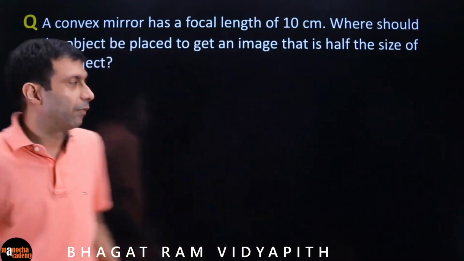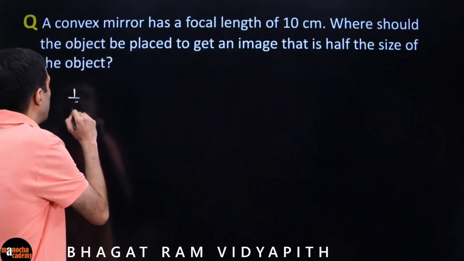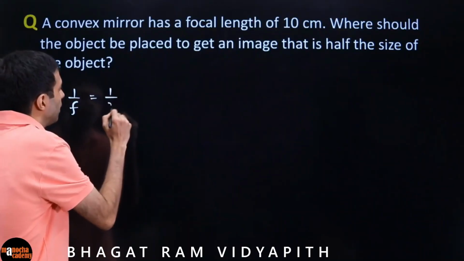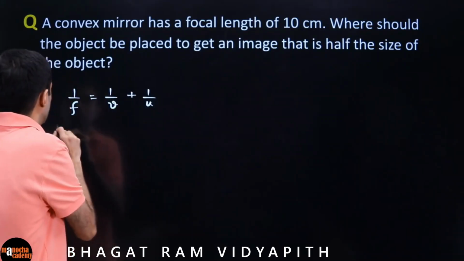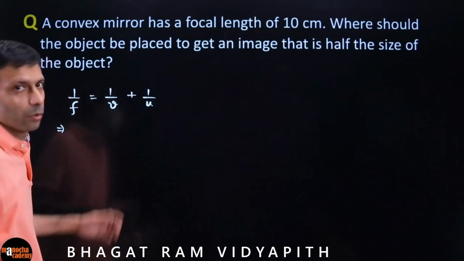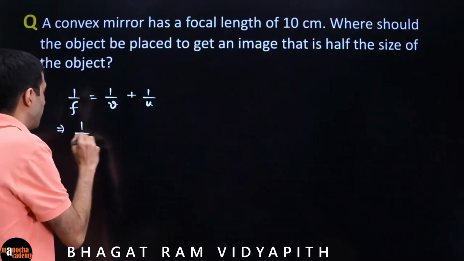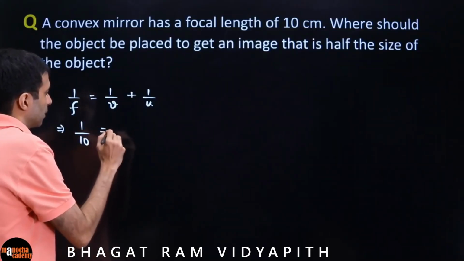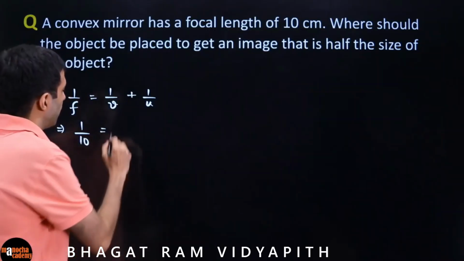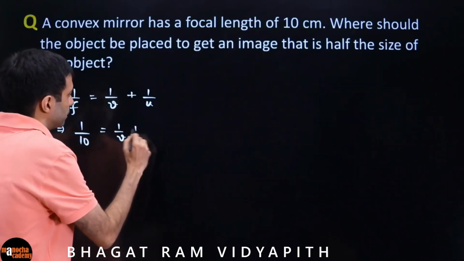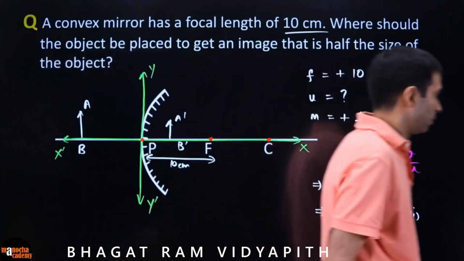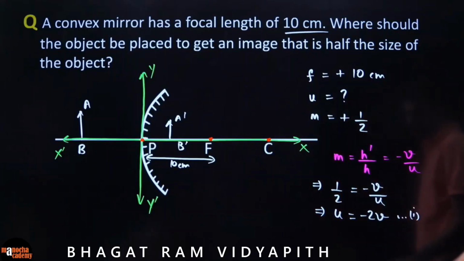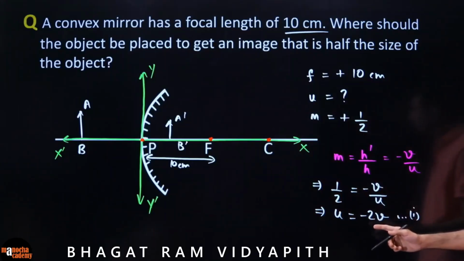So I'm going to write the mirror formula first. 1 by f is 1 by v plus 1 by u. Focal length we saw was plus 10. So 1 by 10 is 1 by v plus 1 by u. But what is the connection here? u is minus 2 times v.